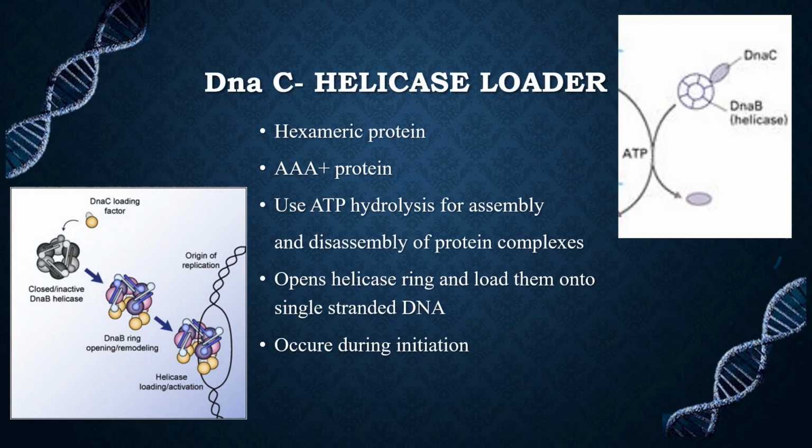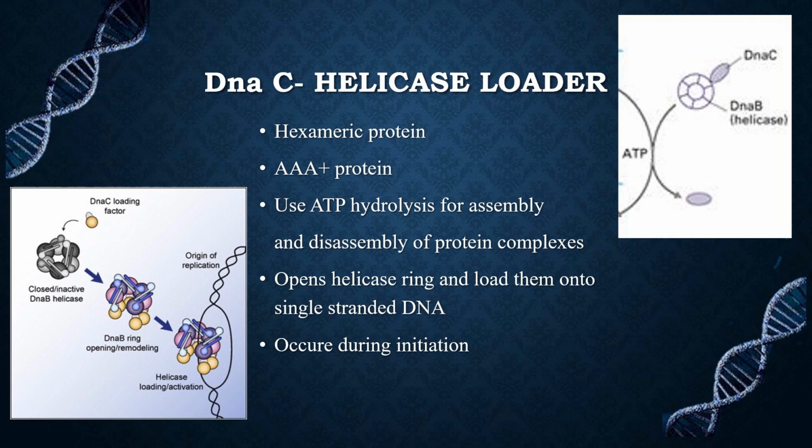DnaC, which is the helicase loader, is a hexameric protein and it is also an AAA plus protein, that is ATPase associated with various cellular activities protein. The general function of AAA plus protein is to use ATP hydrolysis for the assembly and disassembly of large protein complexes.